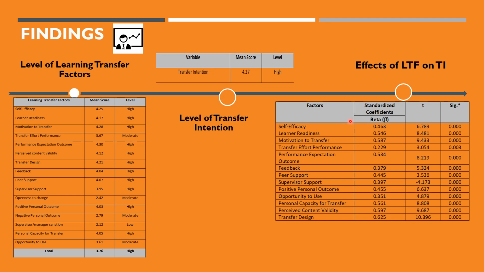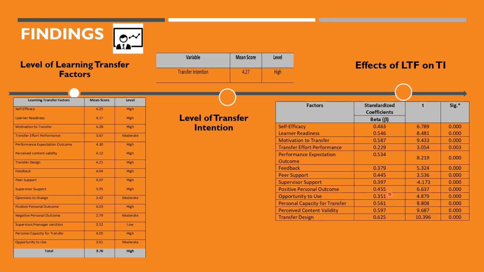That's why, when we go to the simple linear regression, we found a significant level, p less than 0.01, showing that 14 learning transfer factors influence transfer intention in the study setting. Based on the standardized coefficient beta value, the strongest coefficient is 0.625, which represents the transfer design factor. Therefore, all hypotheses were accepted except two hypotheses.